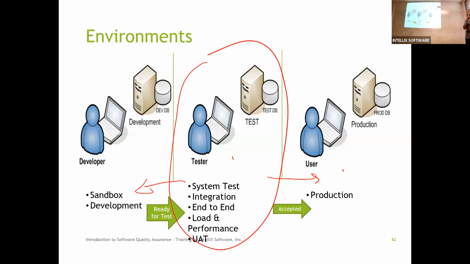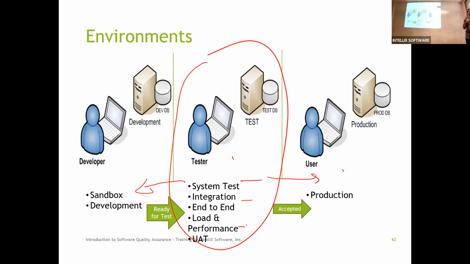System test. The intention is, depending on the size of the project, you may have a different system test environment, different integration environment, different load and performance environment. Or if it's not a very big project or you have resource constraint, you will do all of those things in the same environment, but a lot of times you time slice it. It says, hey, you know what? Your load and performance test, you will do it only at night from 10 to 12.